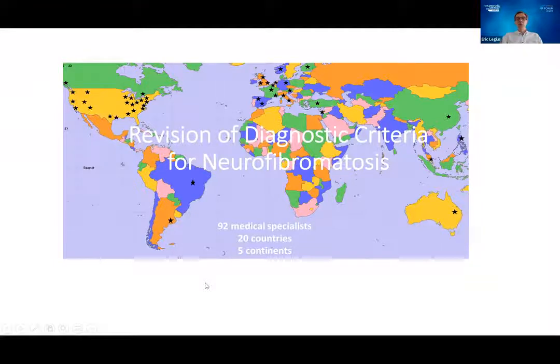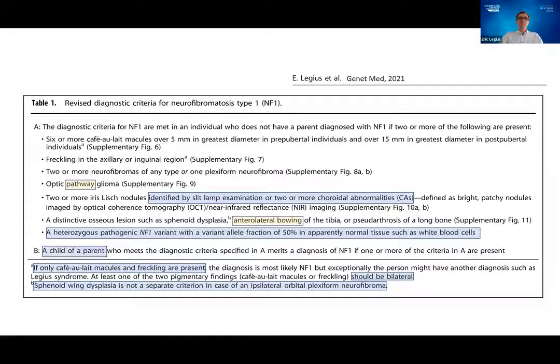And with this group of people, we went through the historic diagnostic criteria and looked very carefully at every criterion that was present there to see if we could improve it and also to see if we could add new criteria to make the diagnostic criteria better than they were.